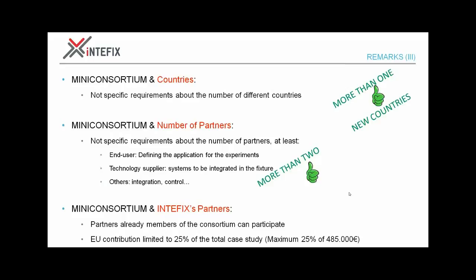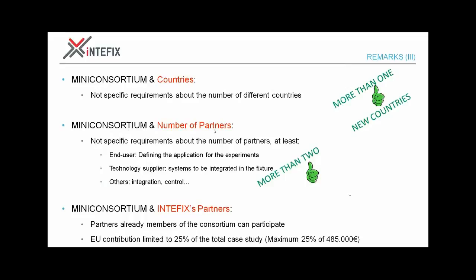In this case, there is no specific requirement about the number of countries, but more than 1 country, and additional countries to those already represented in the consortium, is a plus. It's not mandatory, but the evaluators will take this into account.